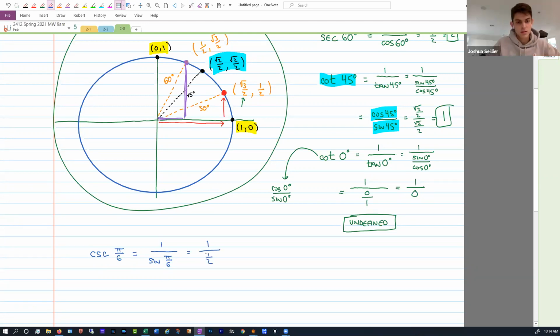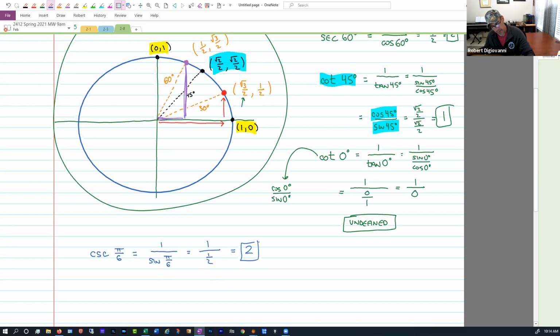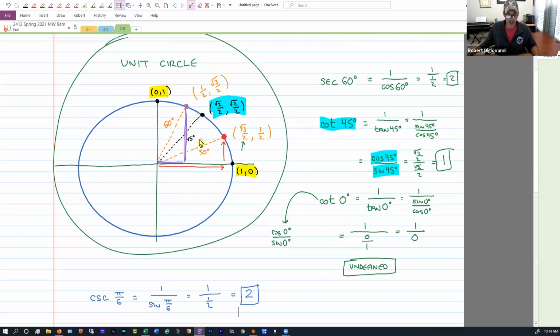Correct. Just flip it and it just becomes 2, right? That's it. Does anyone have any questions over this? Does everyone understand the importance and the value of understanding what's happening in this first quadrant?